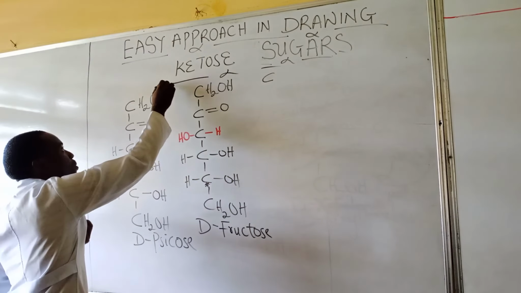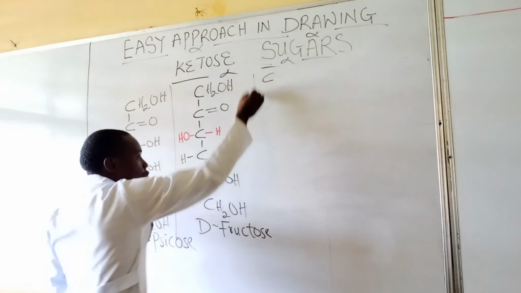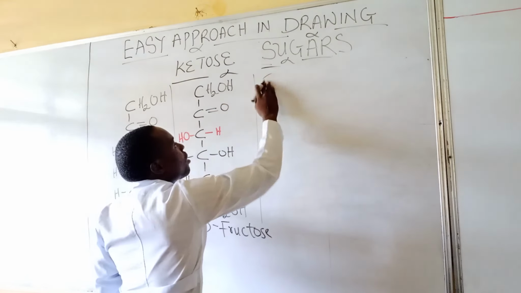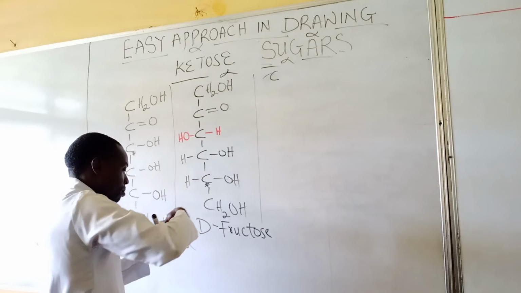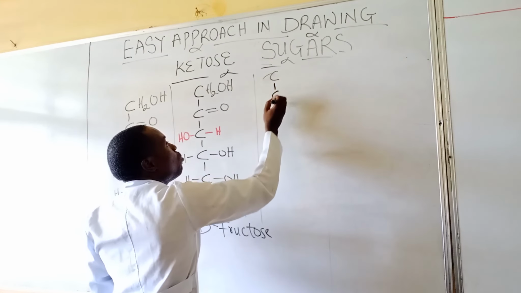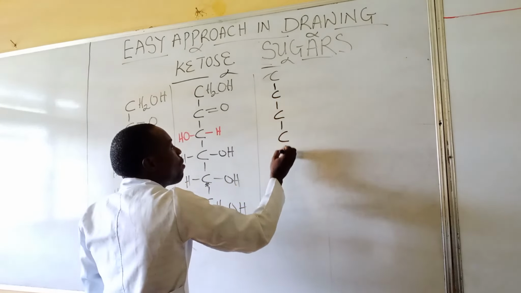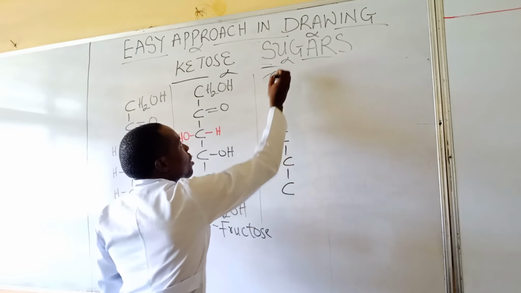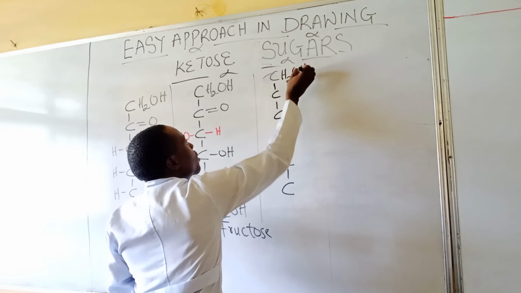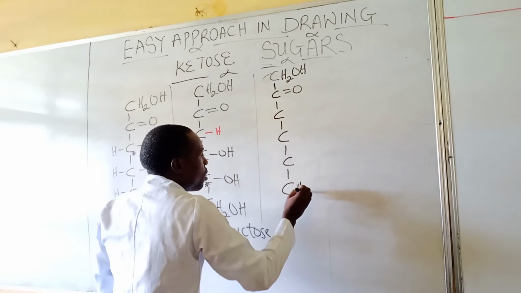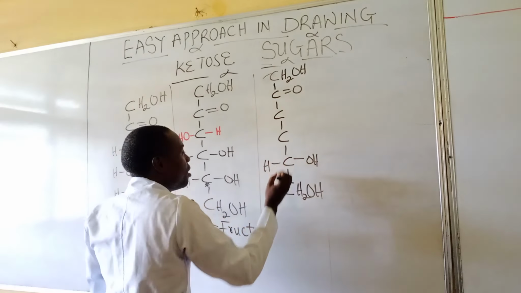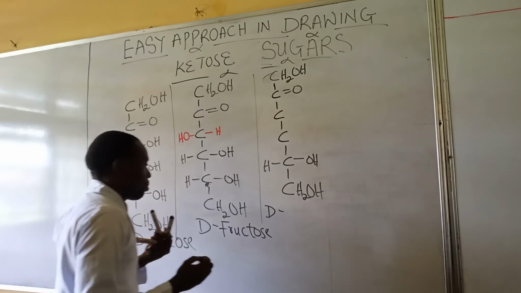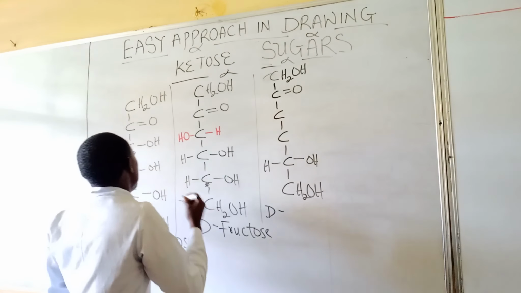Let me demarcate it for you, just so you see it and understand. This is 1, 2, 3, 4, 5, then 6. Same rule here. The functional group, and the last chiral carbon tell you that it is in the D form. Now take note.